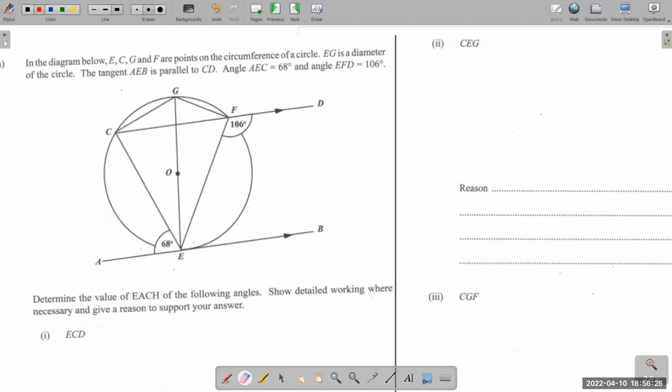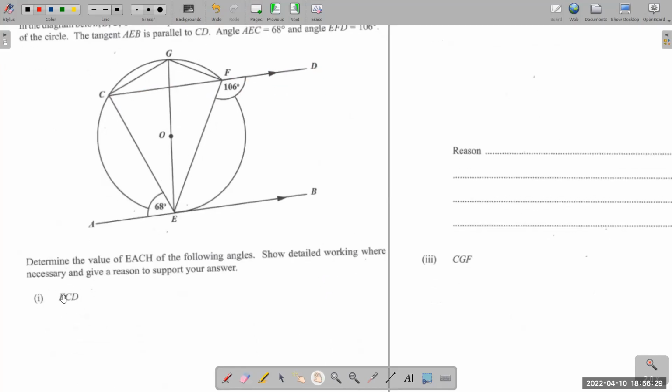Okay, so I want you guys to take a look at this one and let's see if we can find it together. Angle ECD. Be honest, can you find where the angle is? ECD? So let's see where ECD is. ECD, follow it.